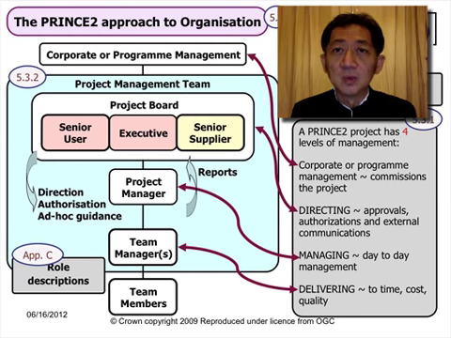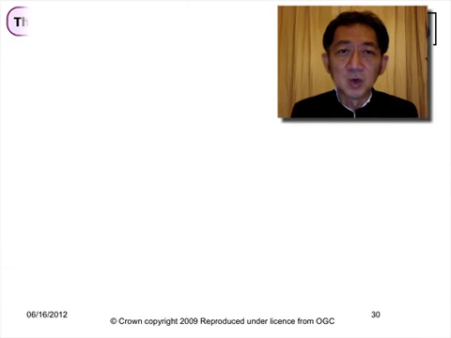However, there are always exceptions to this general guideline. For example, you might be working for a vendor organization, so that gets a bit complicated later on, but here we are just looking at a quick overview of the PRINCE2 organization.